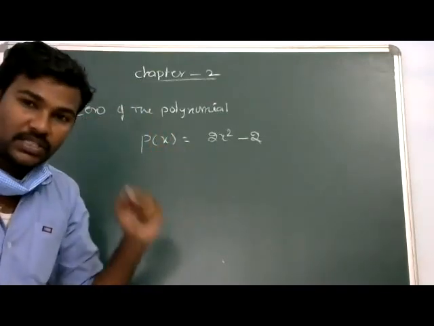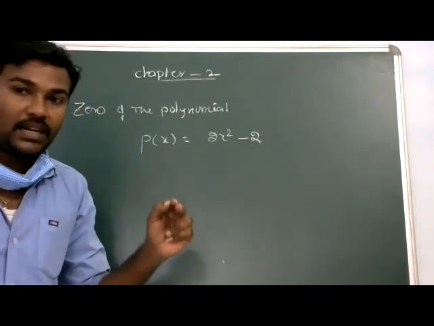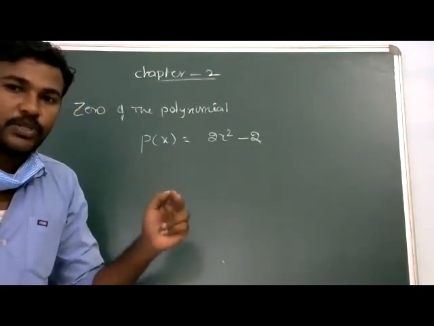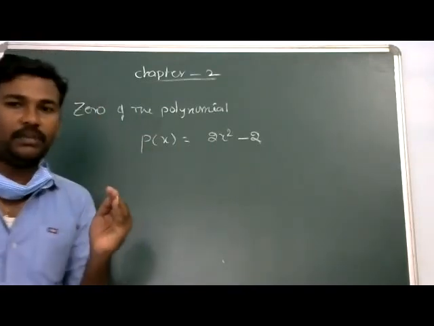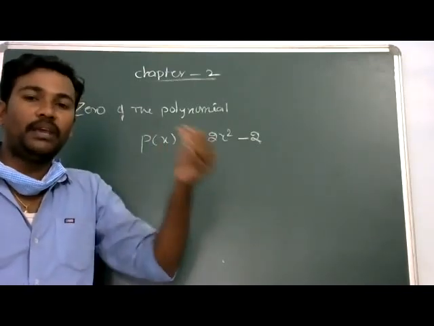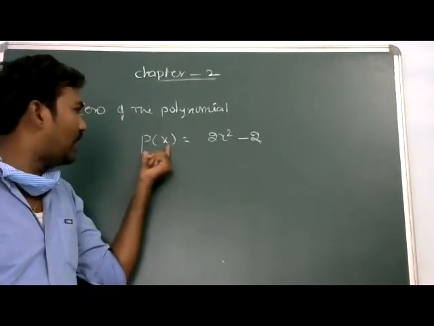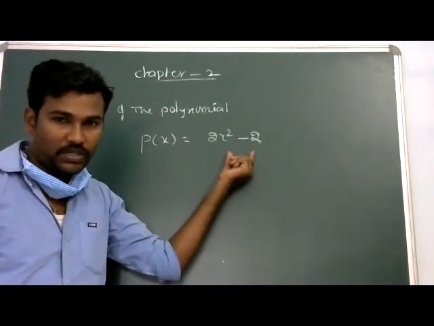When you are getting 0, at that time, which value can you substitute instead of x? You can substitute one value, whatever it may be, instead of x. Finally, you get p of x equal to 0.